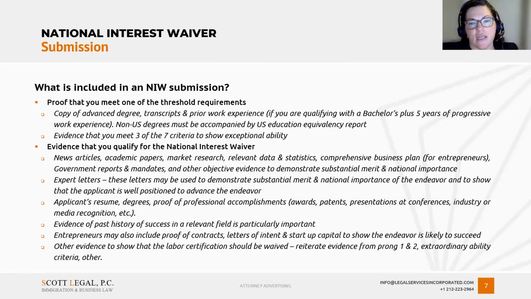If you're qualifying with a bachelor's degree and the 5 years of progressive work experience, you still need to show that you have that bachelor's degree, so you would submit a copy of your diploma. Then, for the 5 years of progressive work experience, you can show that by providing detailed letters from your past employers.